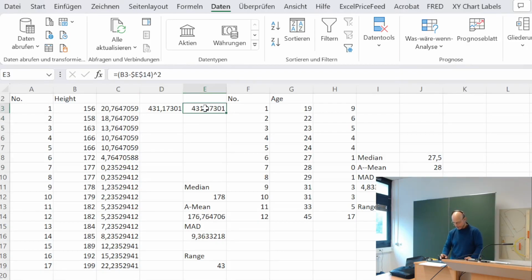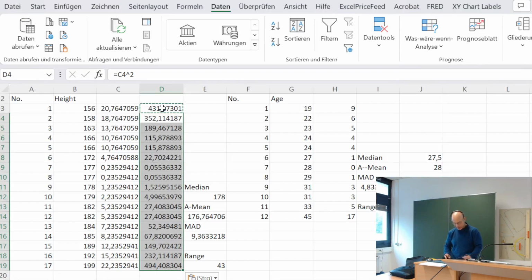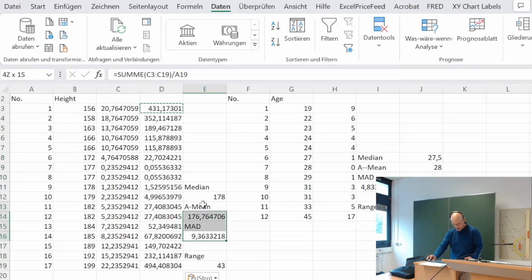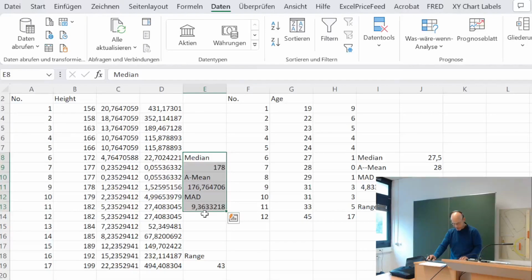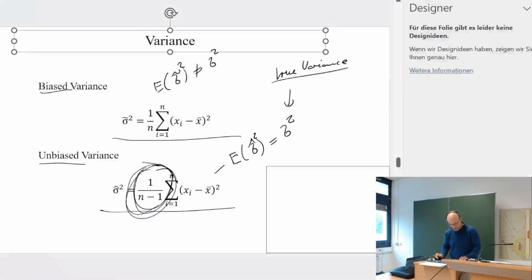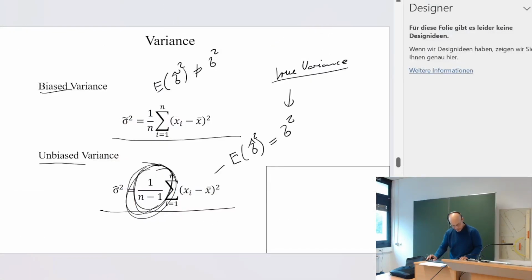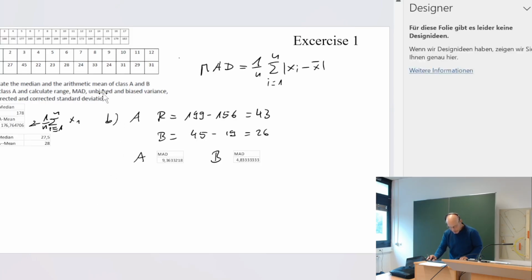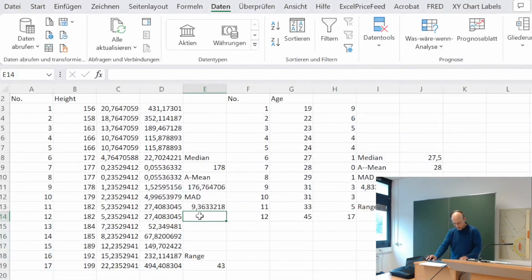And then again we can copy this downward. And let's move this a little bit up. And then first we should calculate the biased, I think. Unbiased and biased.